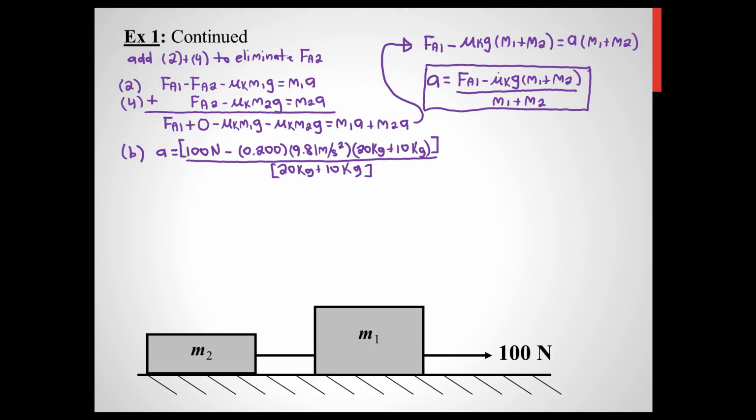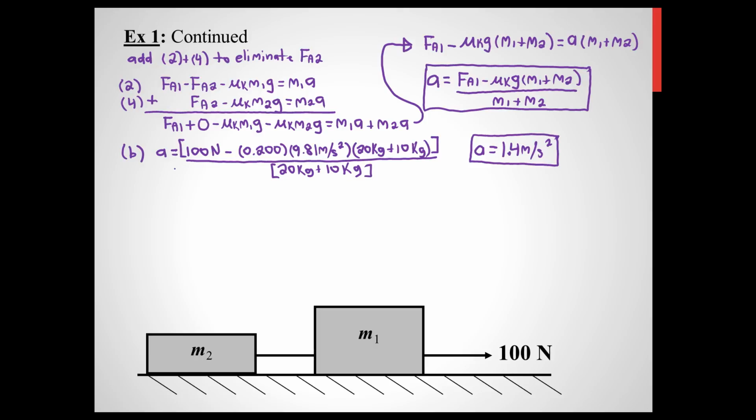By the way, up in the acceleration equation, you can't cancel out M1 plus M2 because it's not a common term in FA1. So you have to leave it in this format. We're going to two significant digits, and at two significant digits, I get an acceleration value that is 1.4 meters per second squared. So that's my answer to part B. Well, one of the answers to part B.